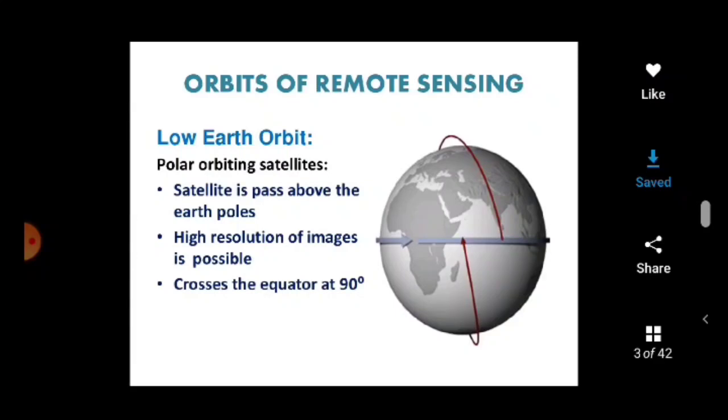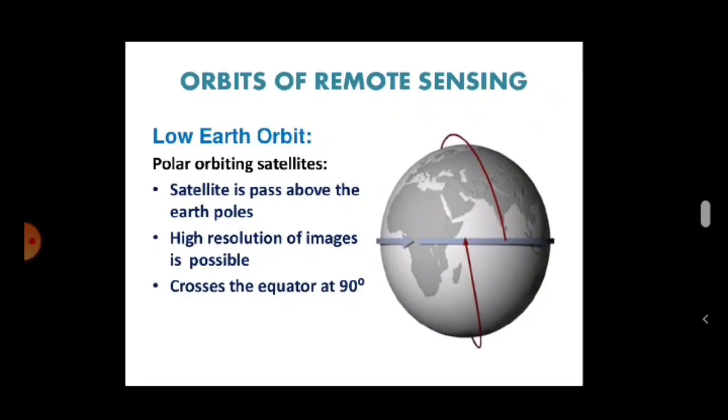When we talk about low Earth orbit, polar orbiting or sun synchronous satellites are one of the examples.